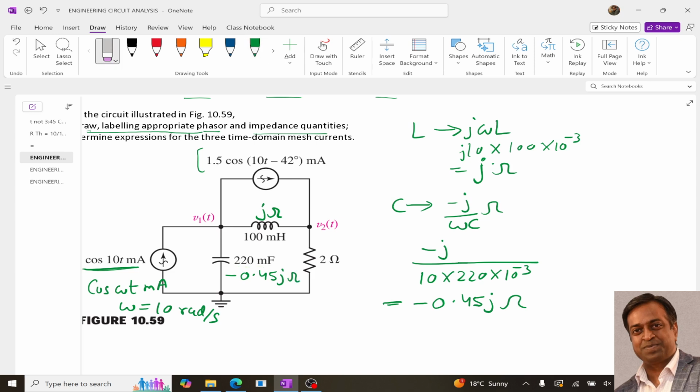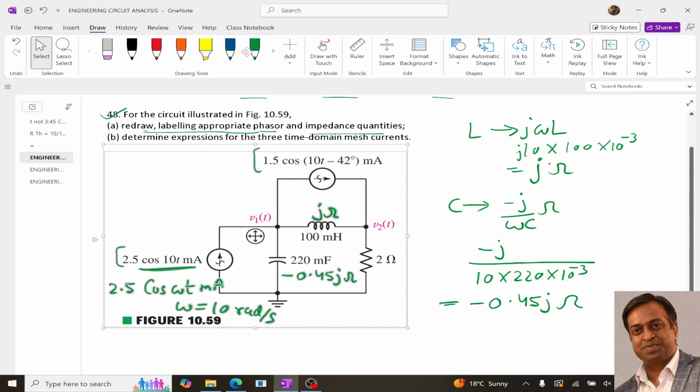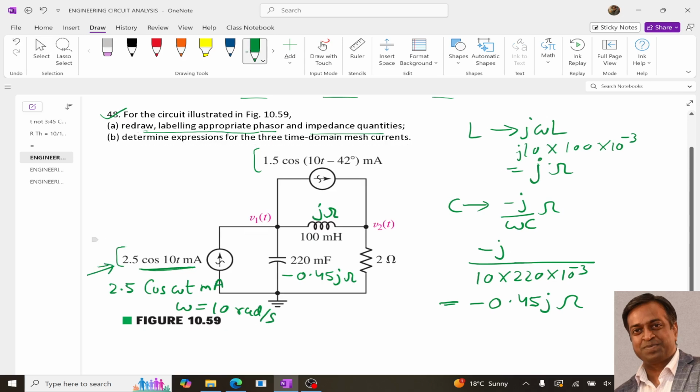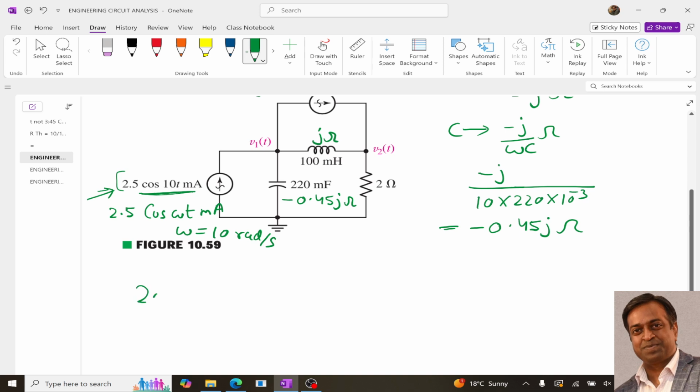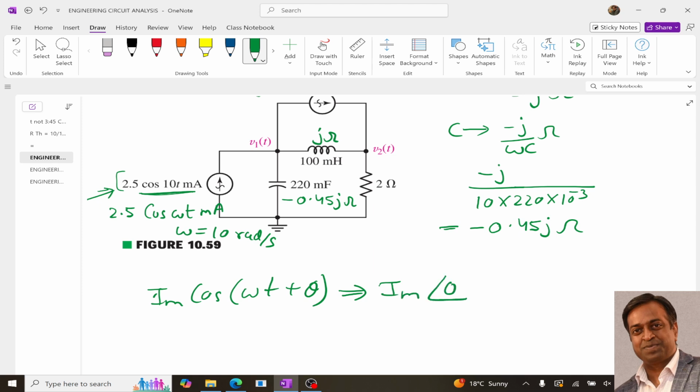right? And then, we know that in general, if we have something like Im cos omega t plus theta, we express this in phasor form like Im angle theta degree, right?